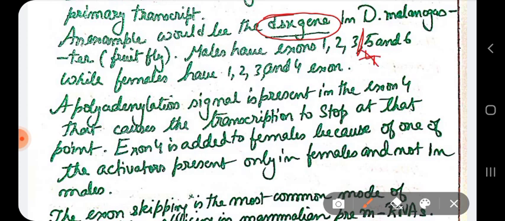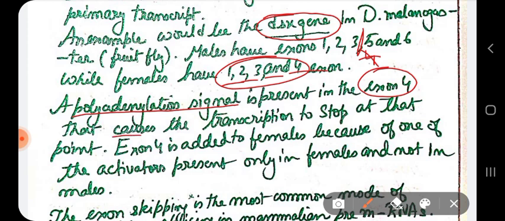Whereas in females, they have exon numbers 1, 2, 3, 4 for that DSX gene, but exon numbers 5 and 6 are missing. Why? Because in males, exon number 4 consists of a polyadenylation signal that causes the transcription machinery to stop at that point.